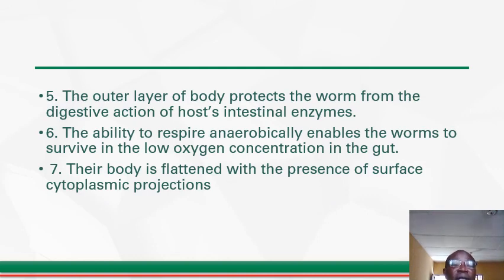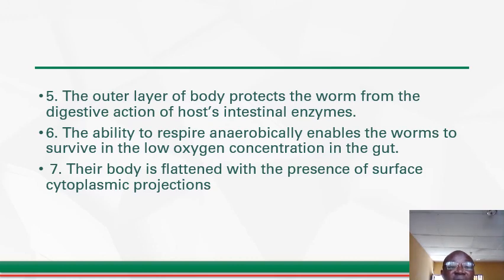Number 5, the outer layer of their body protects the worm from the digestive action of the host intestinal enzymes. So the body layers have some protection which prevents them from the eroding enzymes of the host.